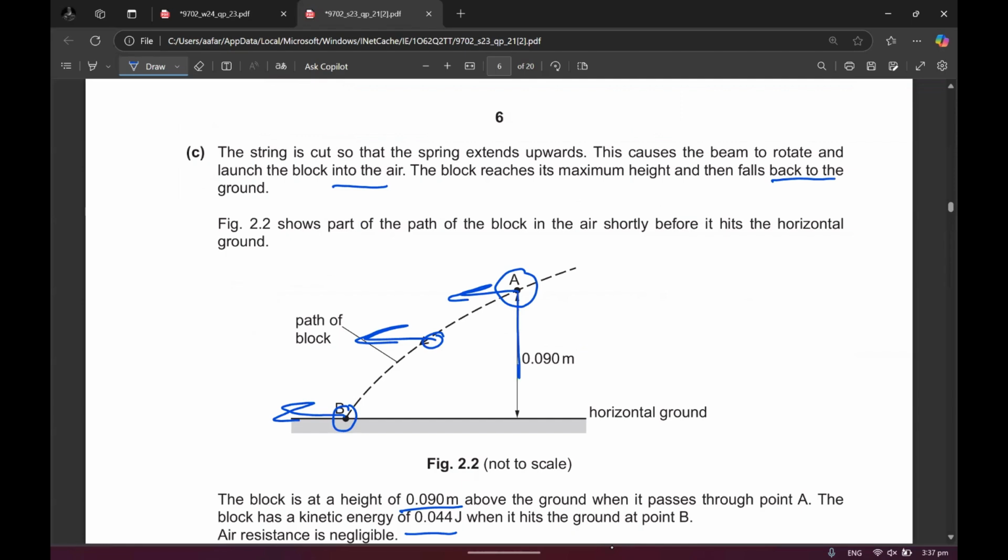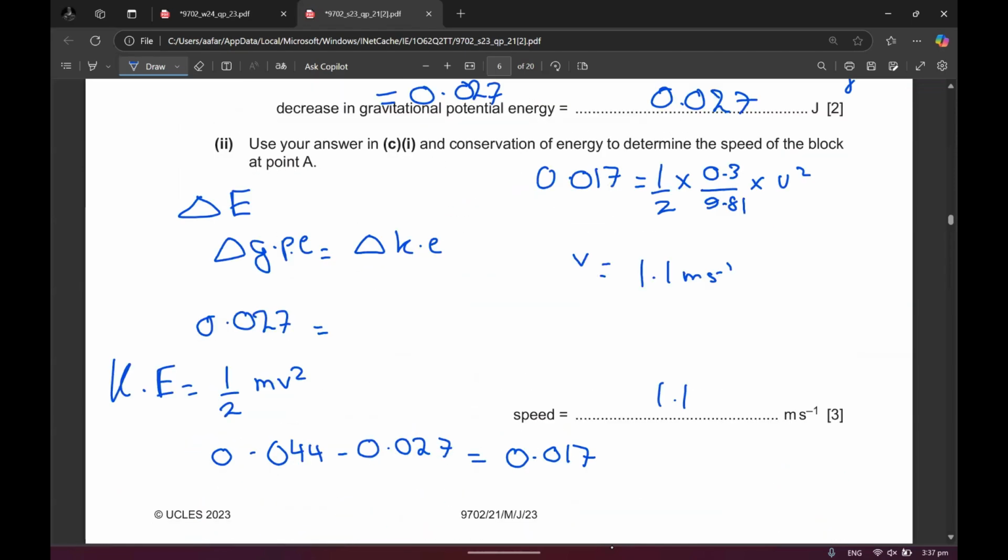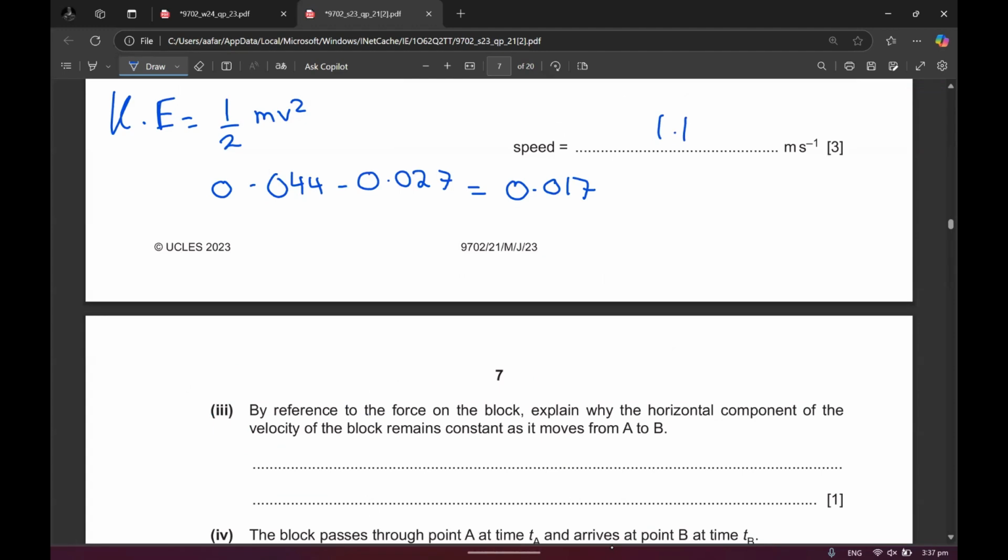There is only a vertical force, which is gravity. That's why the horizontal component of velocity remains constant.